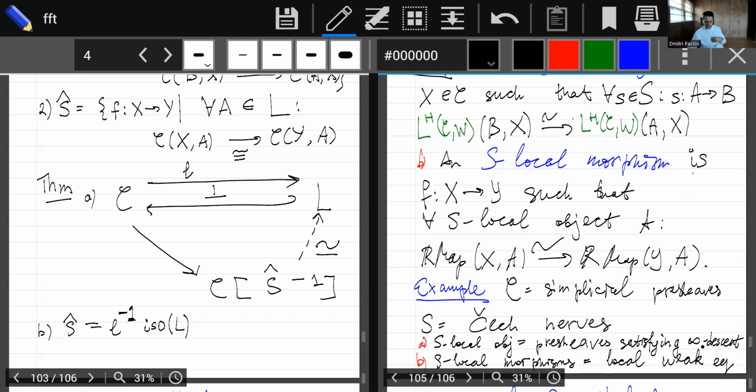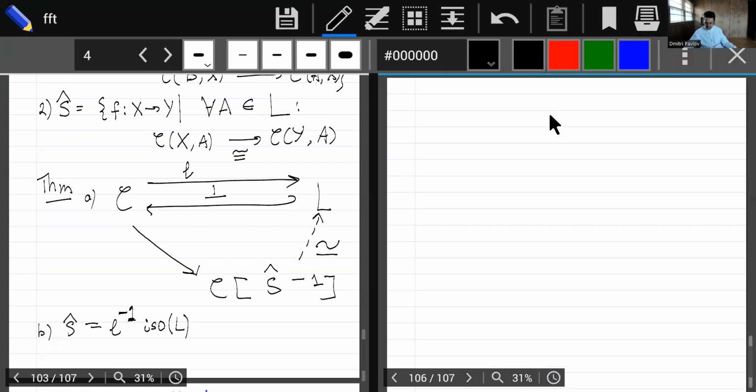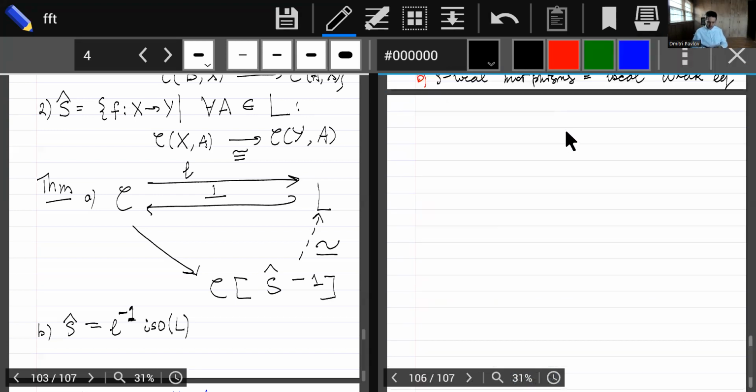Okay, and of course, there is a complete analog of this theorem, which I probably should have mentioned. Let me very briefly mention this. Again, you need a model condition.